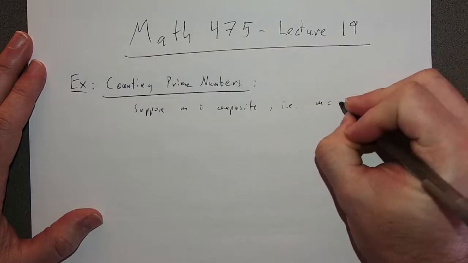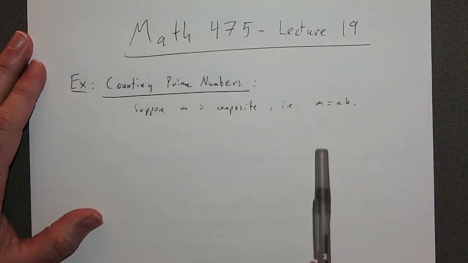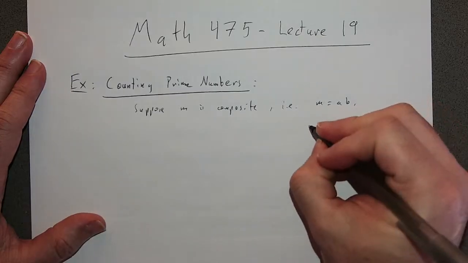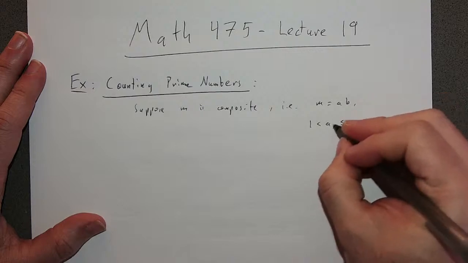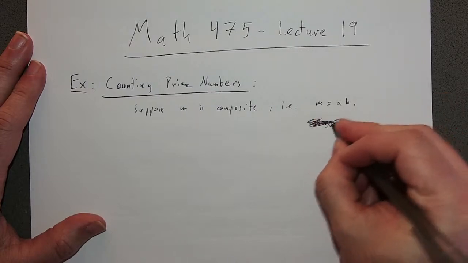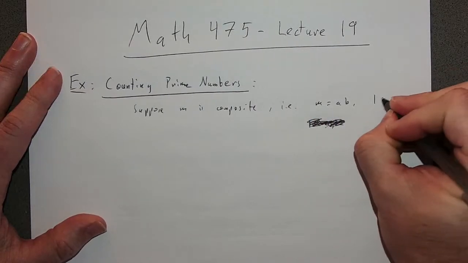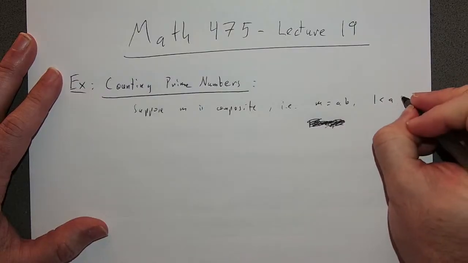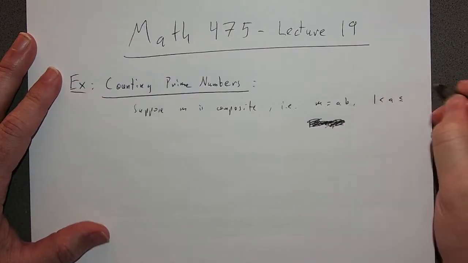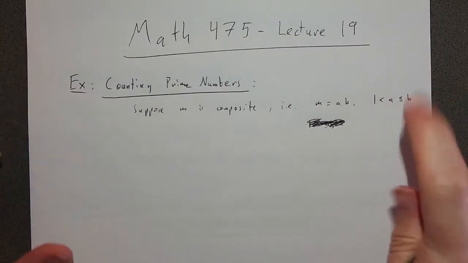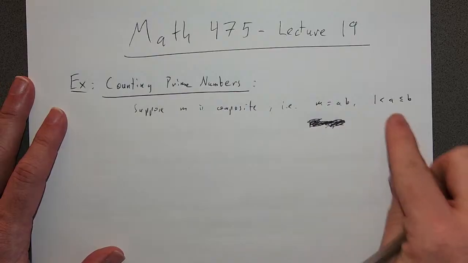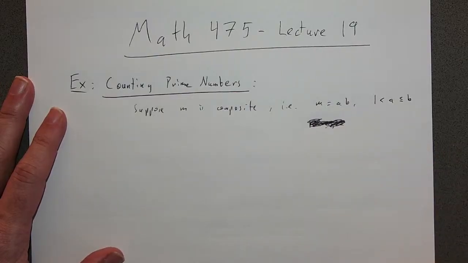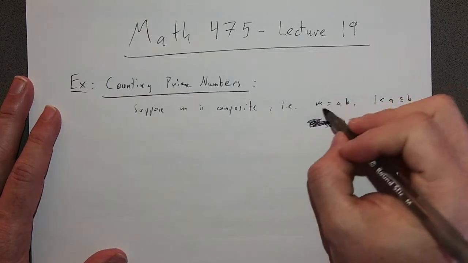So M is AB, where both of these are bigger than 1. Let's write it this way: A is strictly bigger than 1, and we'll say that of A and B, B is the larger one. They could, of course, be the same, but we'll take A to be the smaller of the two, if such a thing exists.